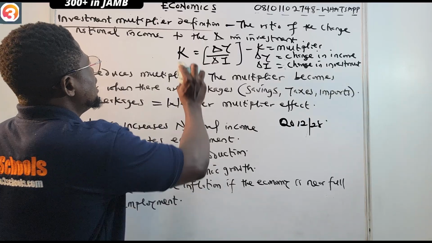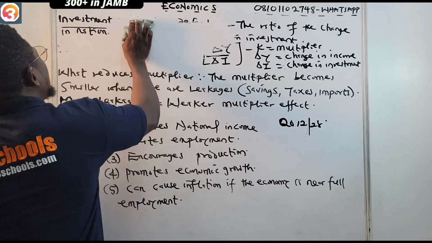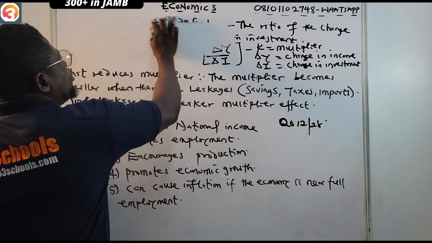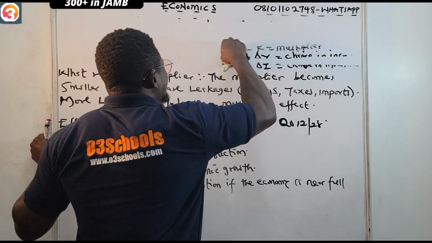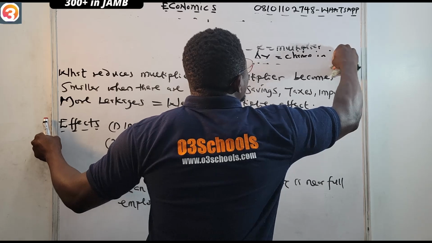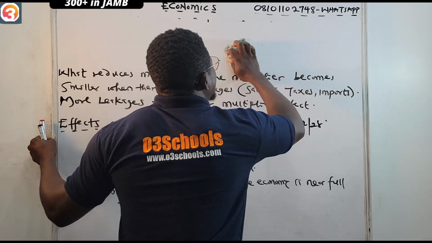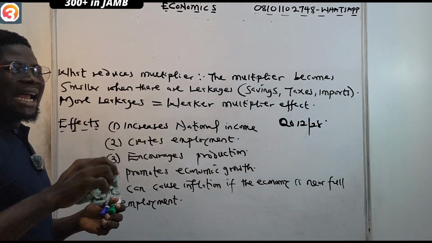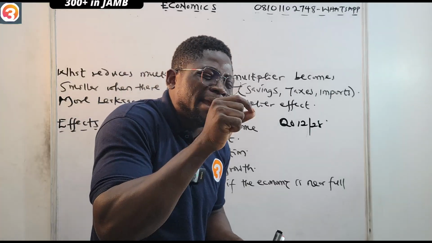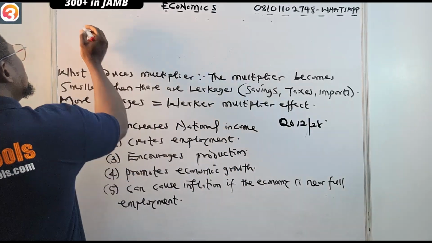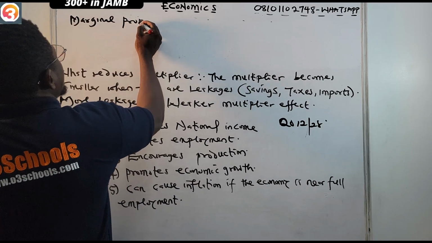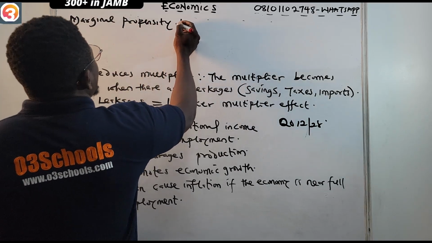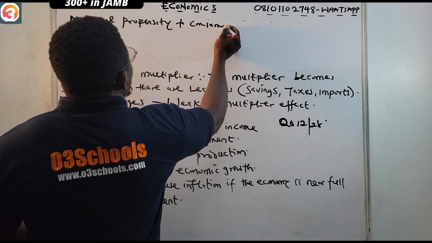Then number two, we have the definition in terms of the marginal propensity to consume. I've done marginal propensity to consume when we did consumption function in the last class. So the multiplier is also defined in terms of MPC, marginal propensity to consume.